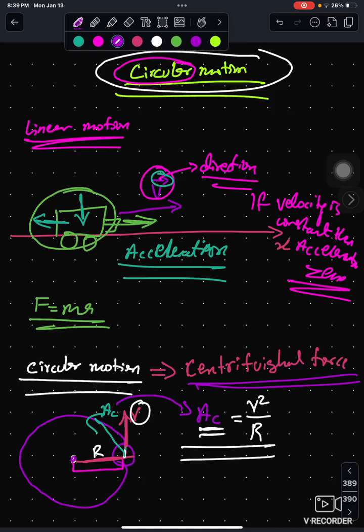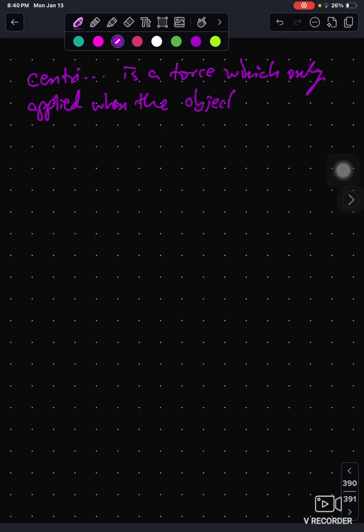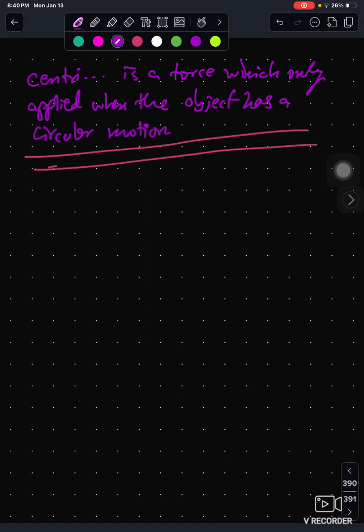This centrifugal force is a force which only occurs, or is only applied, when the object has a circular motion, when it is moving in a repeated shape.